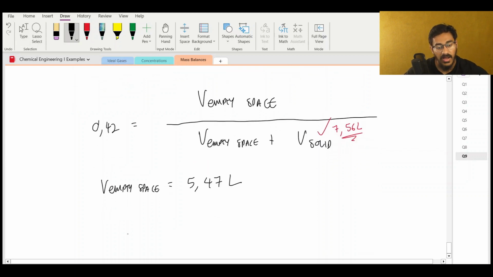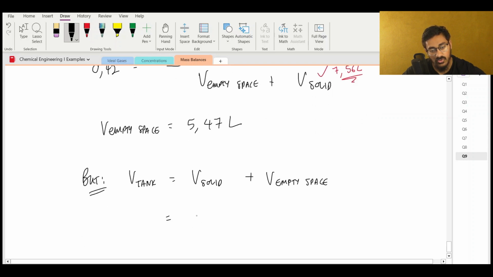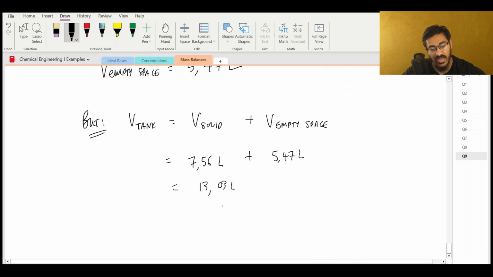Okay, but the volume of my tank needs to equal the volume of solid particles plus the volume of empty space. And that's going to equal 7.56 liters plus 5.47 liters to give me 13.03 liters. That is the volume of the tank.